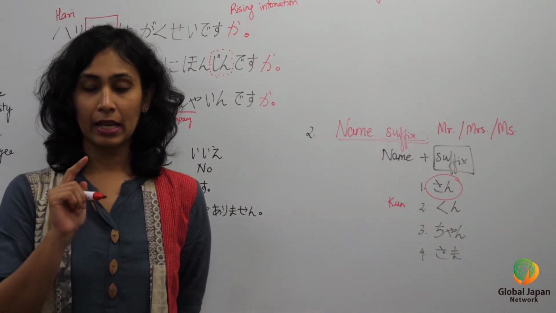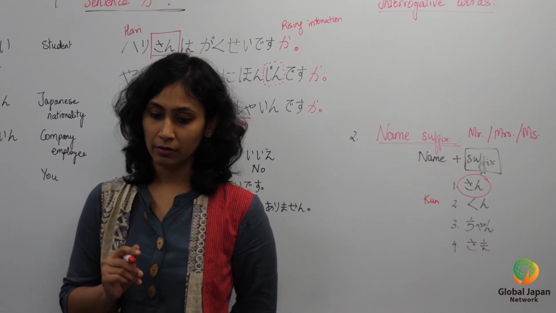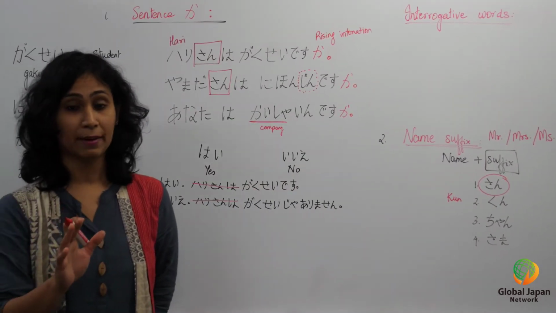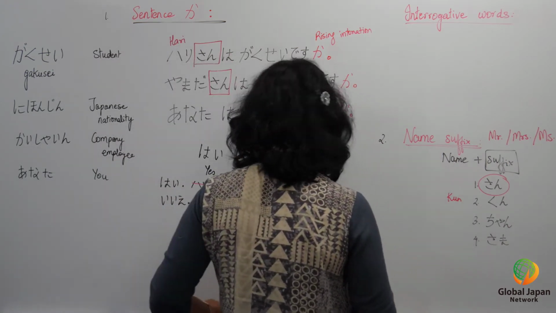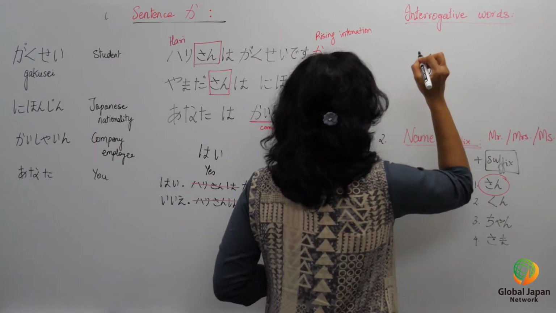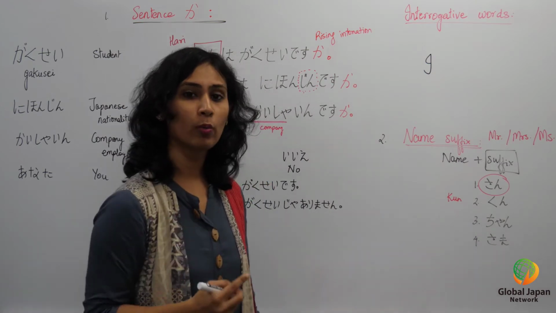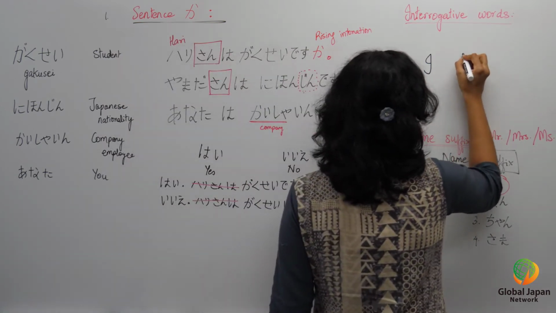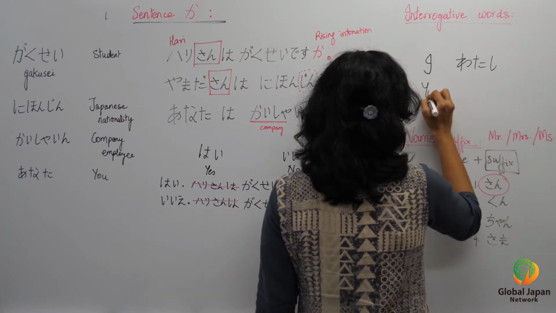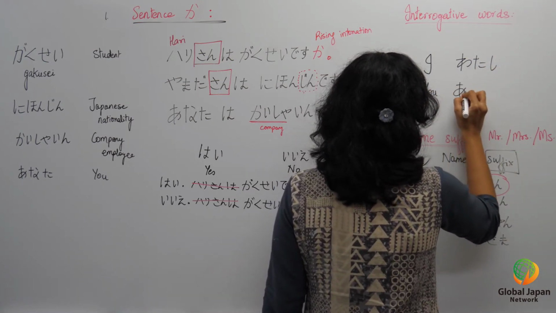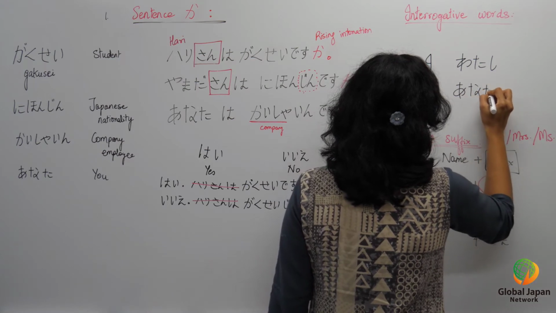Okay? Next thing to be remembered specific to Japanese is the word I. What is the equivalent word for this in Japanese? Watashi. You: the word is anata.